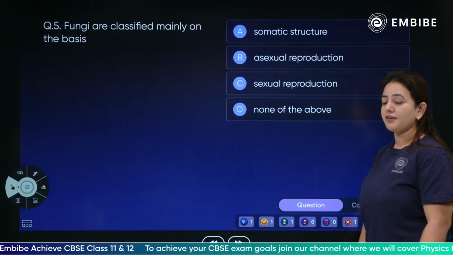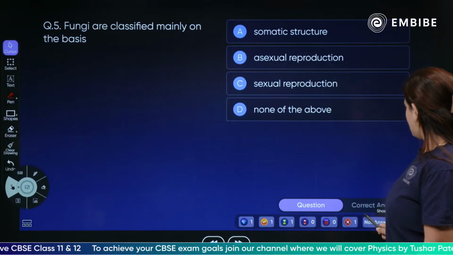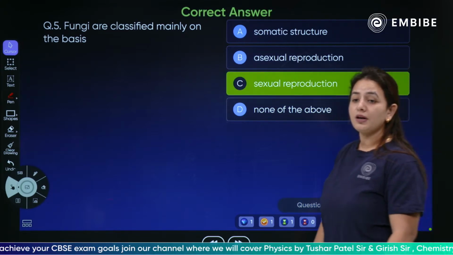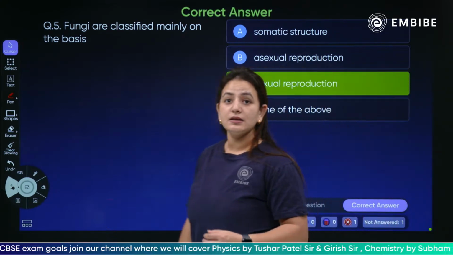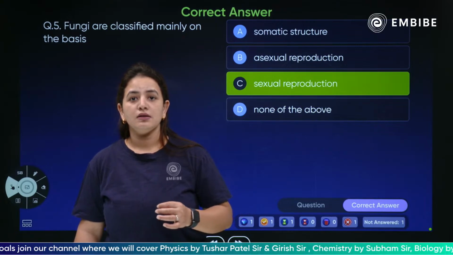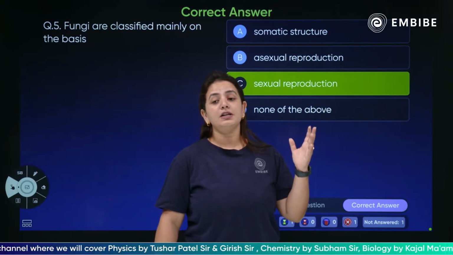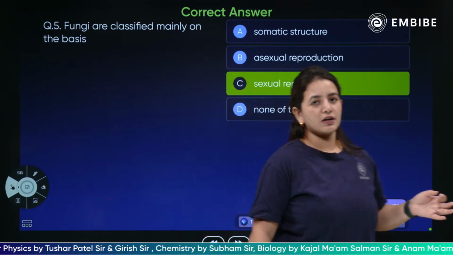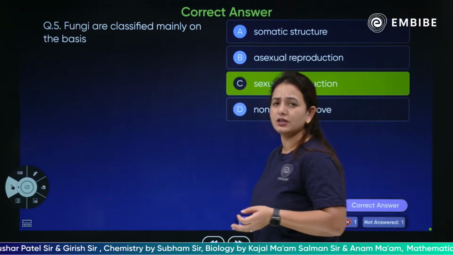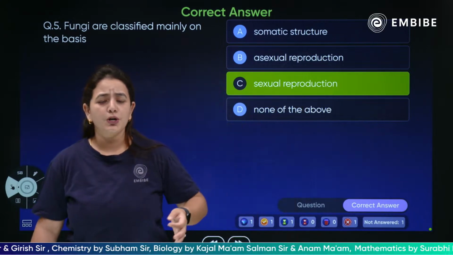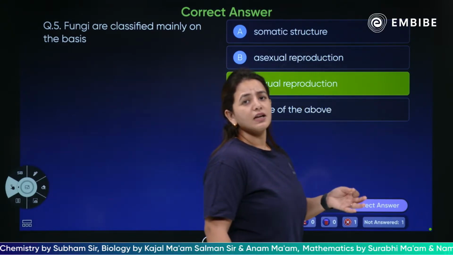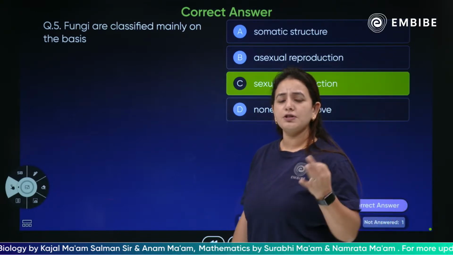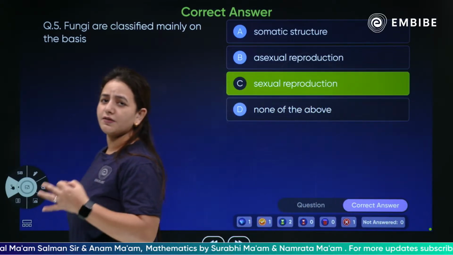So, fungi are classified mainly on the basis of sexual reproduction. This has to be very easy, children. Okay, which chapter is going on in your class? Before starting the plant kingdom, I asked which chapter is going on in your class, and we'd start with that chapter only.